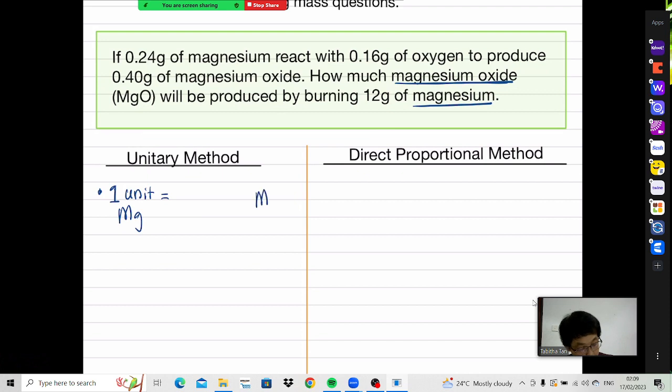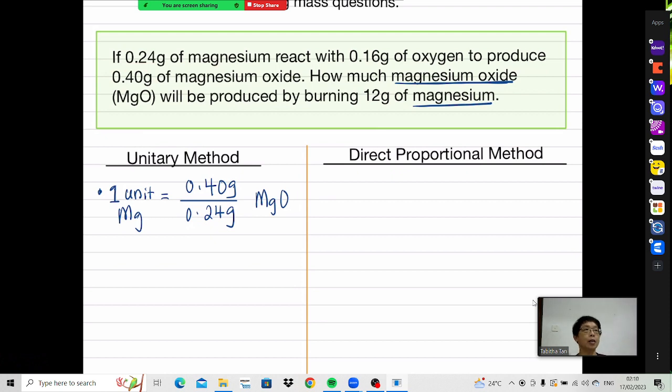From here, they say 0.24 gram produces this much. So I'm going to divide by the magnesium, 0.24 gram of magnesium producing 0.40 gram. 0.24 is magnesium, so for 1 unit of magnesium you divide by magnesium.